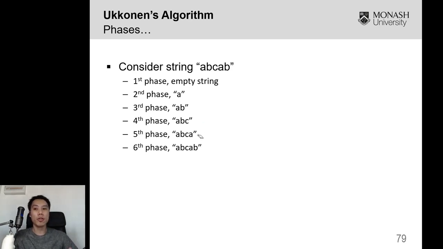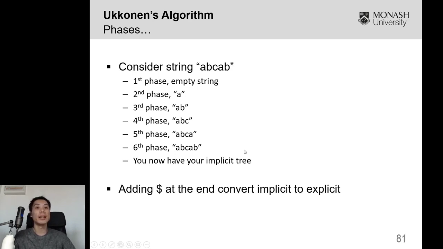And if you look at the loop invariant, at every iteration, you're performing something, which is growing a tree, or extending our suffix. Okay, so at the end of everything, we are going to have our implicit suffix tree. And when you add the 7th phase, or the final phase, you're going to convert from implicit to explicit.